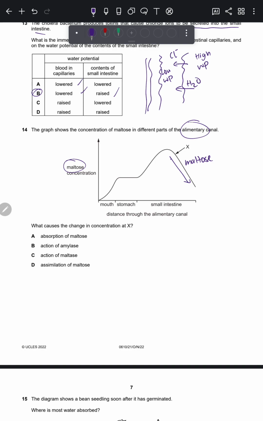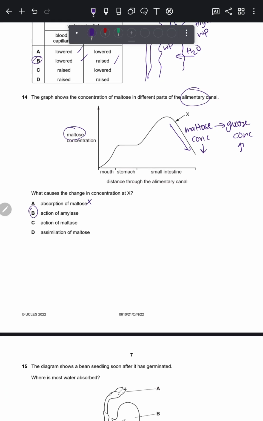So that means it must be absorbed into the intestine, but it could also be just converted into glucose. So the maltose is changing into glucose, so this concentration goes down and this concentration goes up. So it's not absorption, it's actually action of amylase. Wait, but amylase acts on starch molecules.